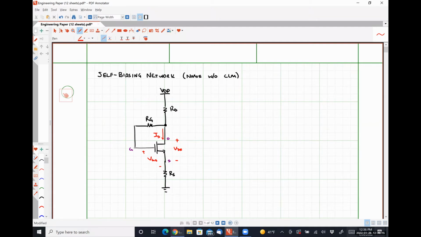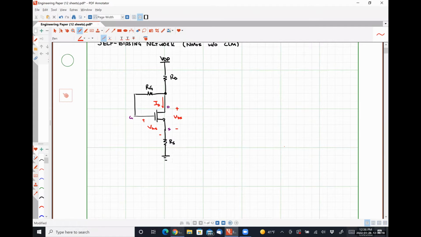Right. So the first step here in our analysis of this circuit is recognizing that VDS is exactly equal to VGS, meaning that we are always in saturation for VGS greater than or equal to VTH.